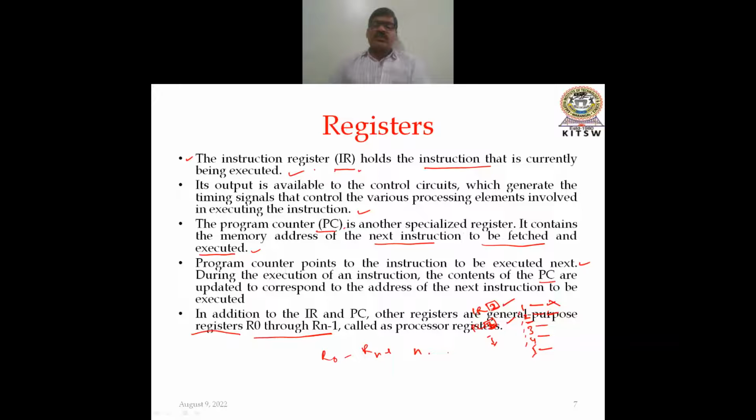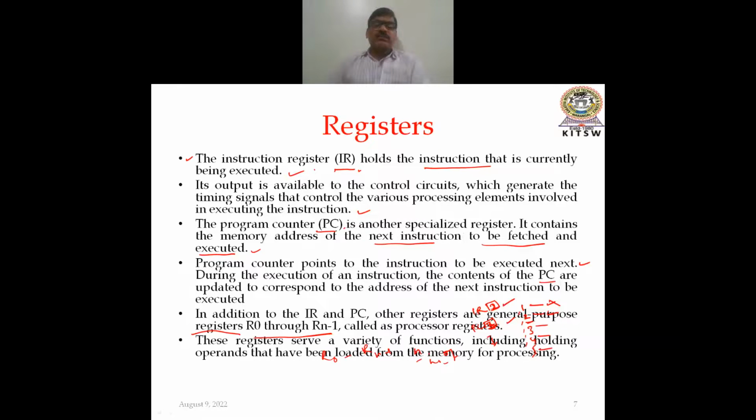These general purpose registers serve a variety of functions, such as holding the operands that are loaded from memory for processing. Earlier we saw that when we write an instruction add r3, r1, r2, these r1, r2, r3 are the general purpose registers used there.